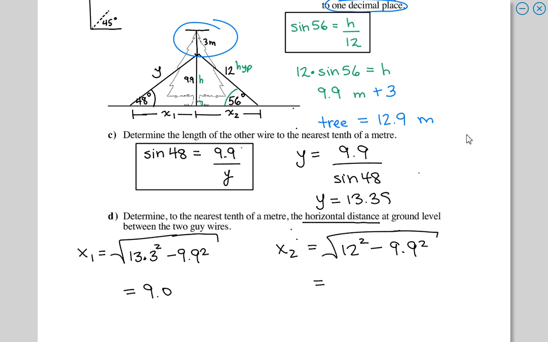Oh, this is 13.38, so this should actually be 13.4. It's rounded up. If you round early, you're going to have issues. And this one I got 6.8. All you gotta do is add them up.